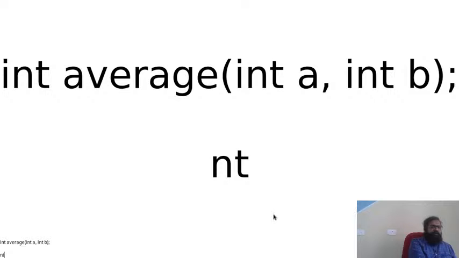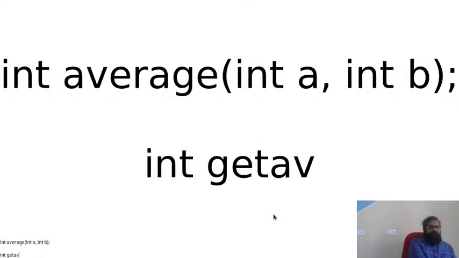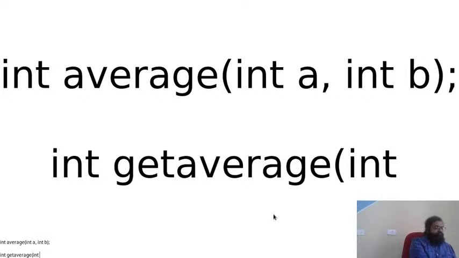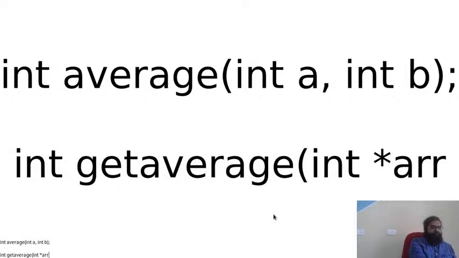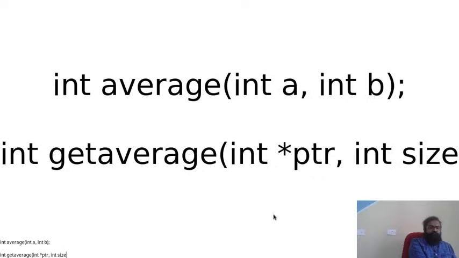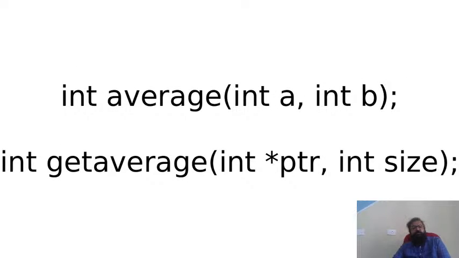Another one was int average with a pointer. In both of these we have passed arguments. In the first one we passed call by value. In the second one it was call by reference, so we passed an address to the function.